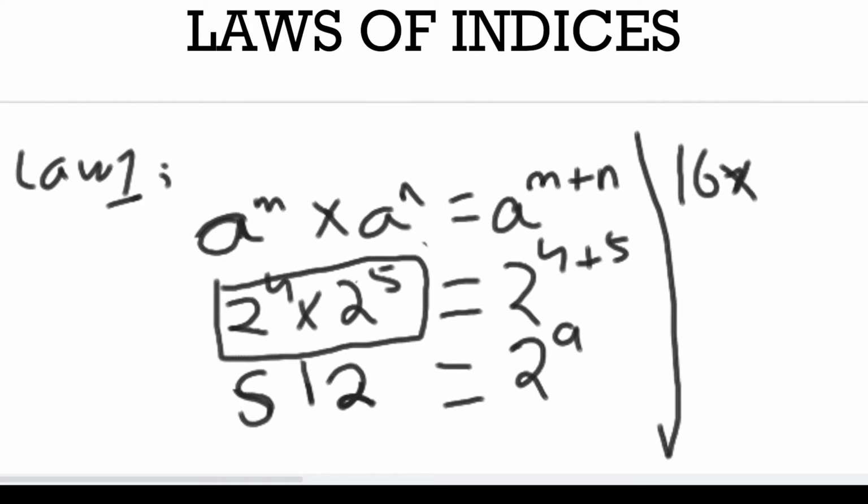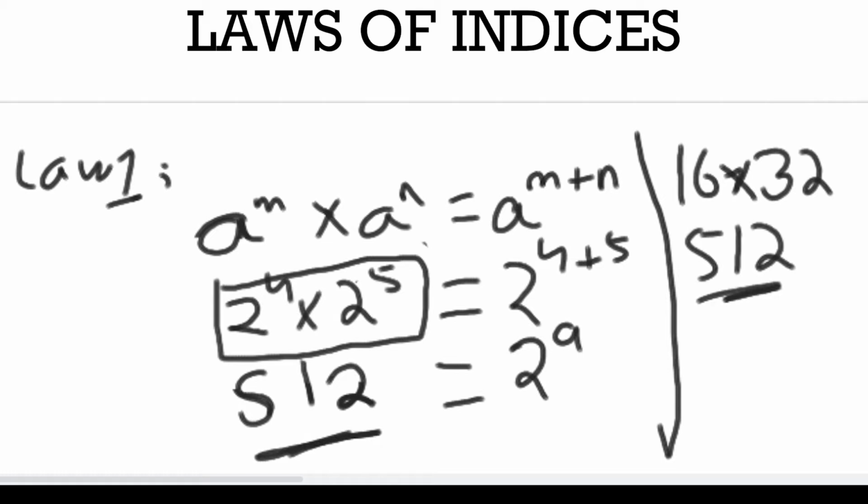We multiply both, and the answer comes to 512. This answer and that answer are both equal, so it means the law is correct. Always remember that this law is only applicable when the bases are the same, or it will not work.